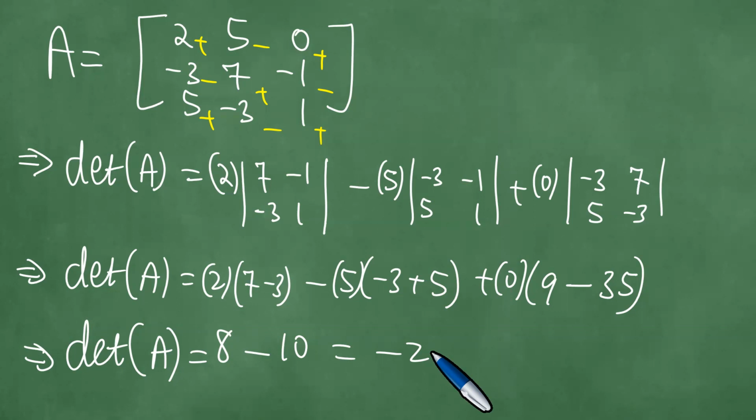So we must look at this and think very carefully. Make sure that the determinant is correct. Yes, it is correct. Now the next thing is that we're going to find the cofactor matrix.